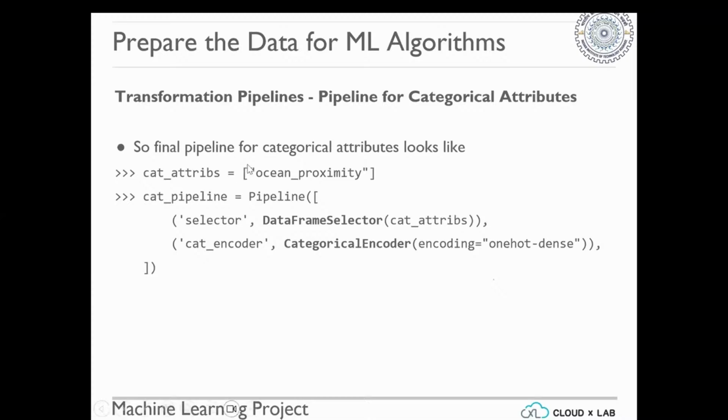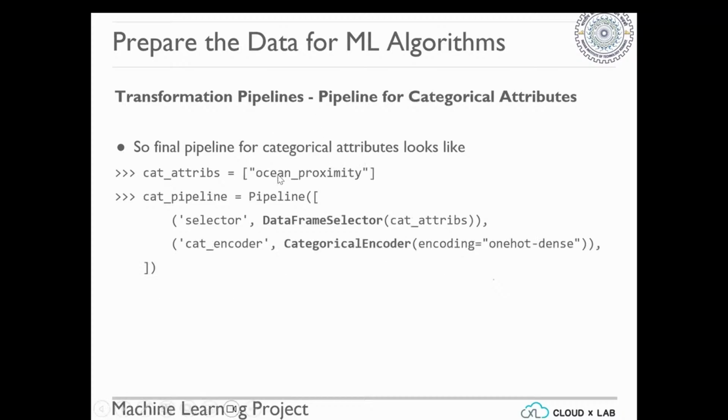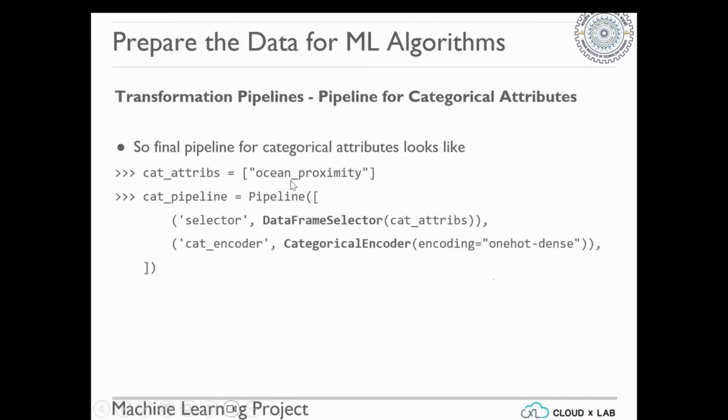In our data set, we only have one categorical attribute, ocean proximity. So you can think that housing_num contains the complete data except the ocean proximity attribute, and the categorical variable contains only one column, the ocean proximity column, right?